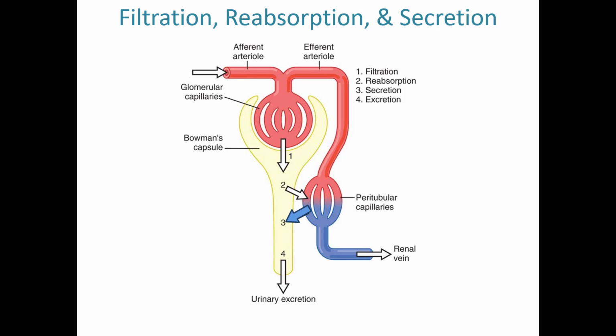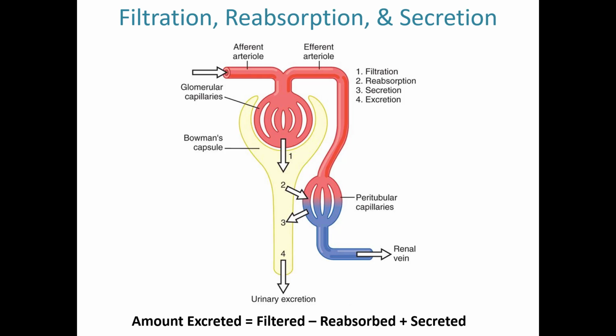From the peritubular capillaries, a compound can be secreted into the tubule. Compounds inside the tubule fluid can also be reabsorbed into the bloodstream. At the end of the nephron, whatever is remaining in the tubule will be excreted in urine. So the amount of compound excreted is equal to the amount filtered minus the amount reabsorbed plus the amount secreted.